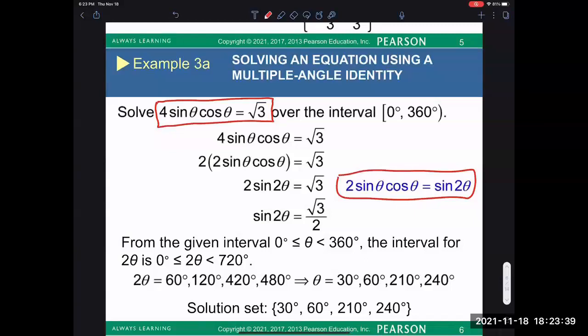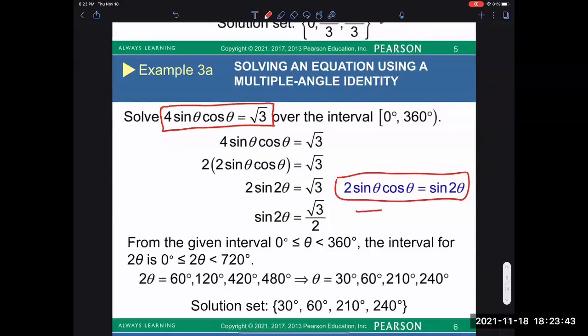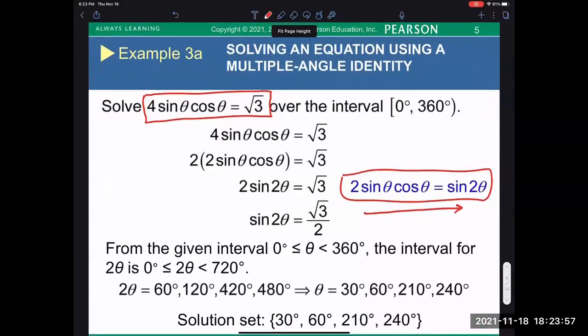So in this case, instead of getting rid of a double angle, if we take this formula and convert from left to right, we get rid of having a sine and a cosine and instead only have a sine function. And that solves the problem that we have in this particular equation that we need to overcome.